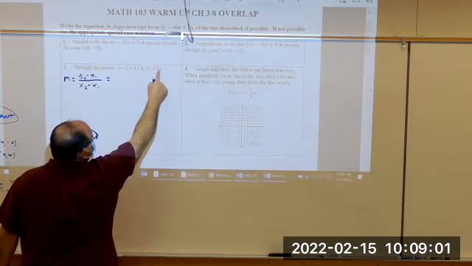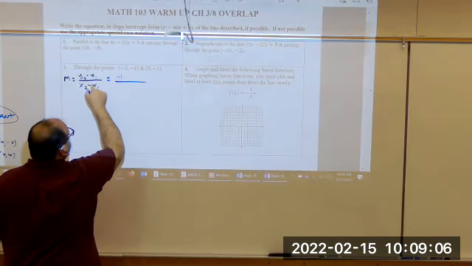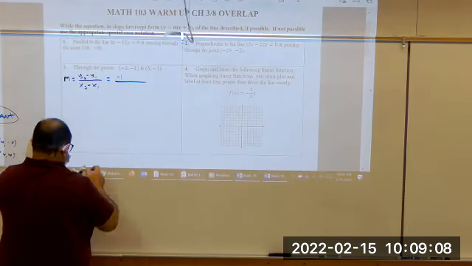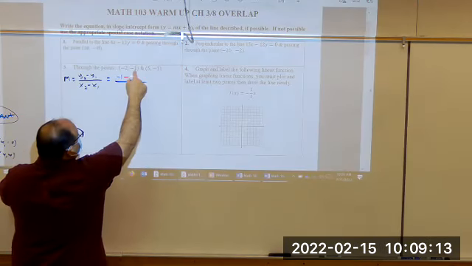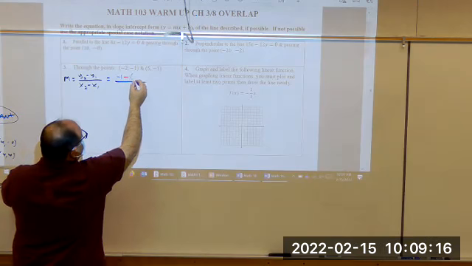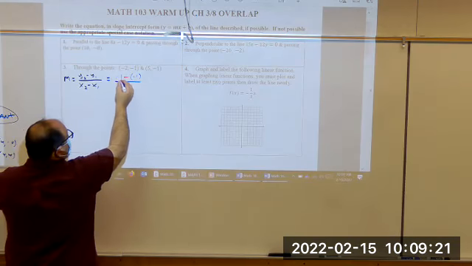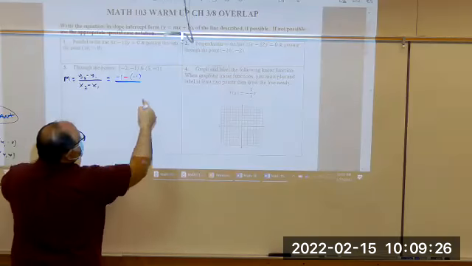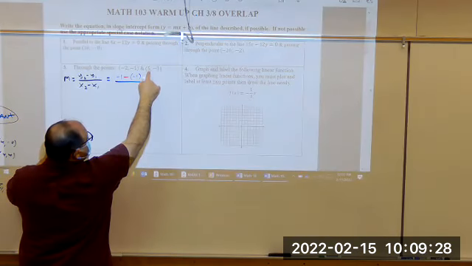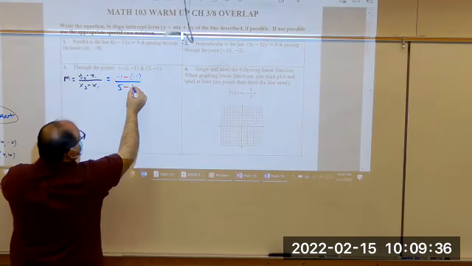If I start with this ordered pair, this y, negative 1, and then you're going to subtract this y, which is negative 1, so parentheses negative 1. So the second y minus the first y. That means in the denominator, I got to start with the second x, 5. And I'm going to subtract the first x, which is negative 2, parentheses, negative 2.